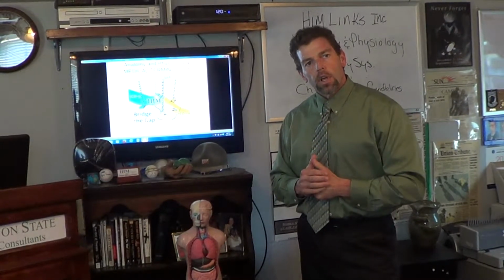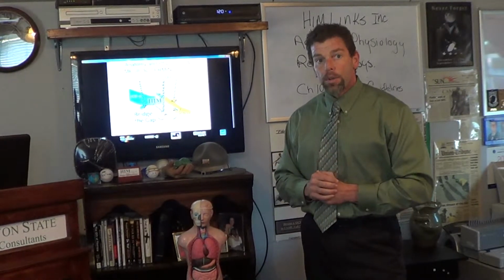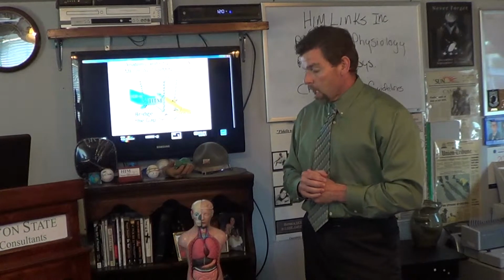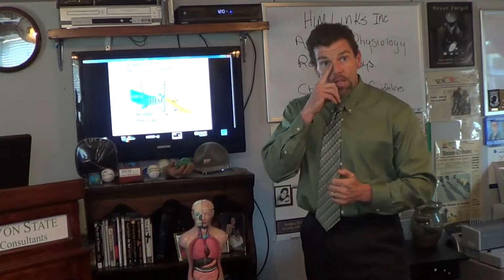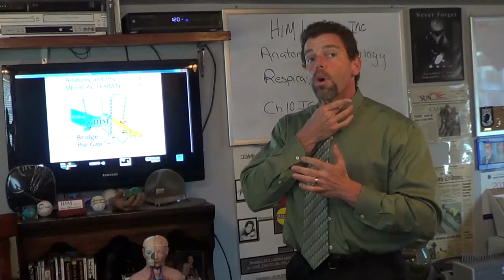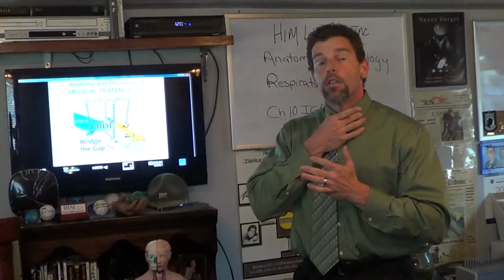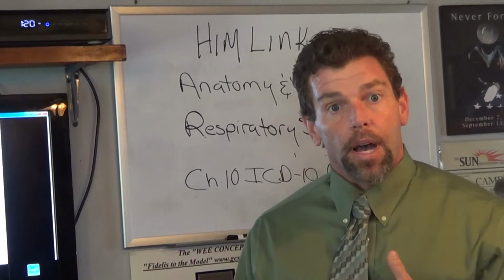Along with the lungs themselves, we have associated structures which are going to be important in the respiratory function. Those are the structures of the upper respiratory passages. The nasal cavity, which just as the name implies, includes the nose, the throat or pharynx, the voice box or larynx, and then the trachea, often called the windpipe.